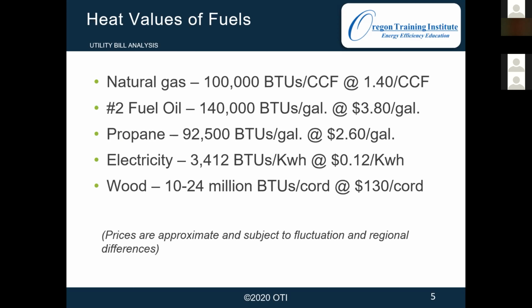Electricity is usually the most expensive way to try to heat a house. Every kilowatt-hour of electricity contains about 3,412 BTUs if you round it. And that's the magic number for converting electricity into BTUs, 3,412.